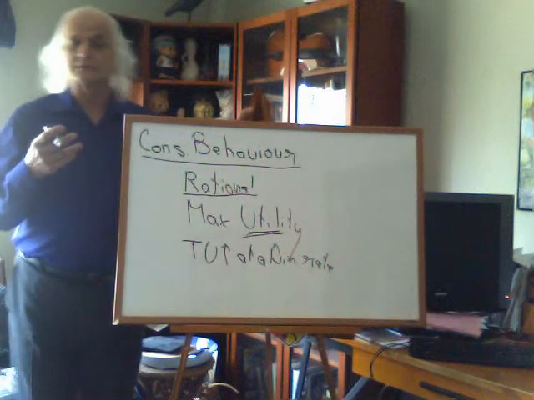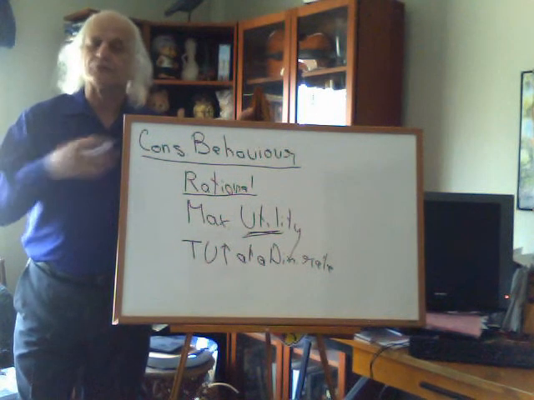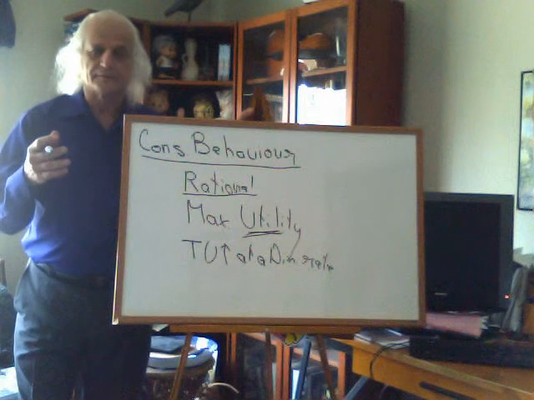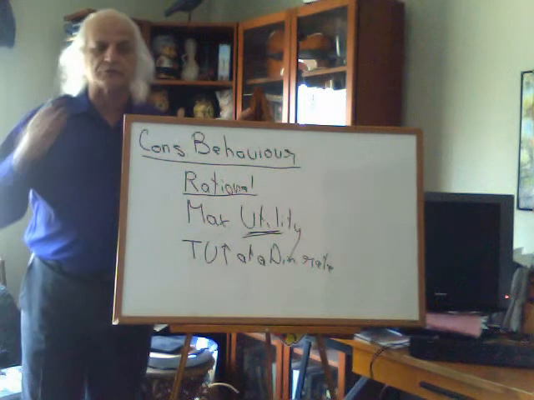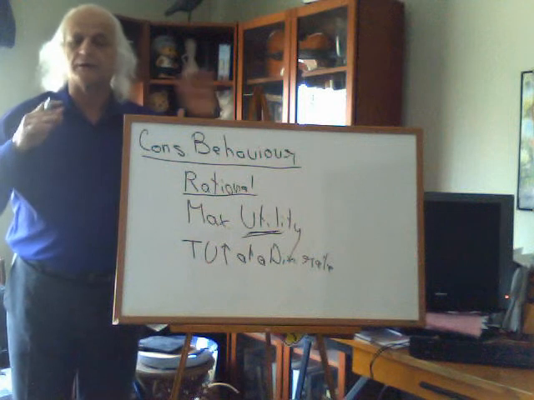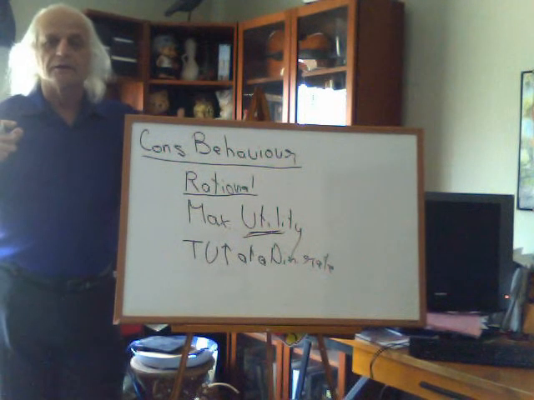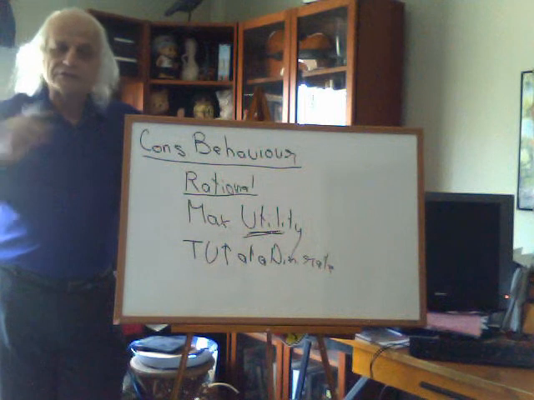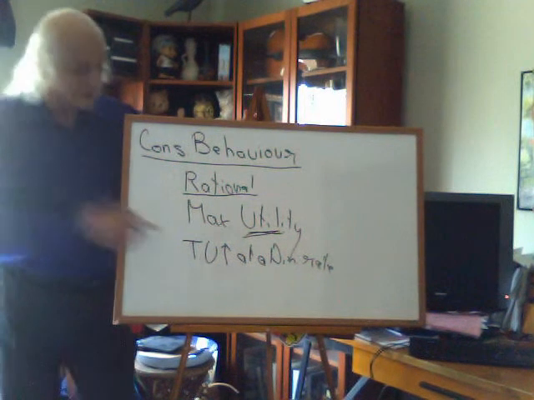All it means is that as you increase your consumption of any commodity, whether it be clothing, education, housing, food, or drink, the first unit is usually the most valuable because it contributes the most. That's what this means.